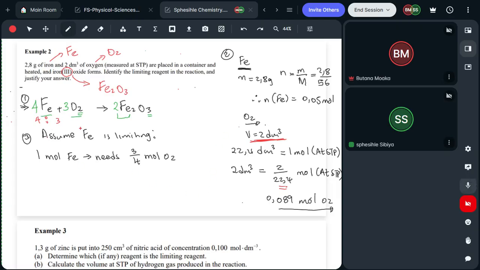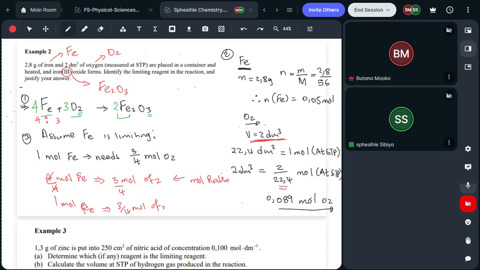So if I have 4 moles of Fe, it needs 3 moles of O2. Then you divide both sides by 4. The 4 cancels. We are left with 1 mole of Fe, which needs 3/4 mole of O2. So this statement is from the mole ratio.